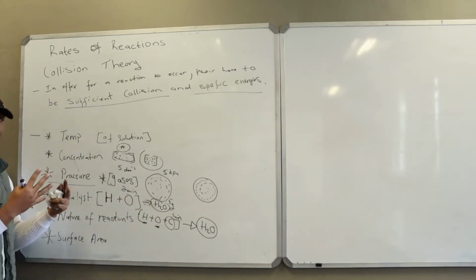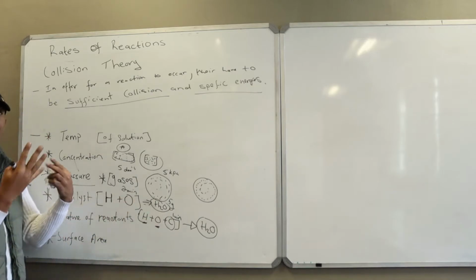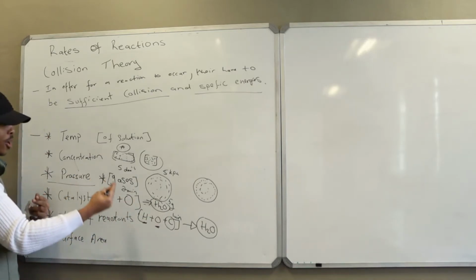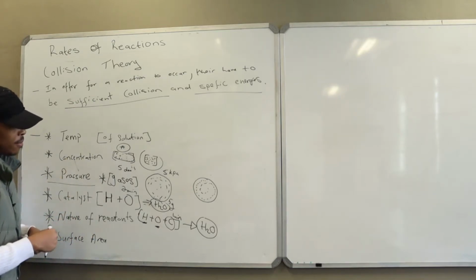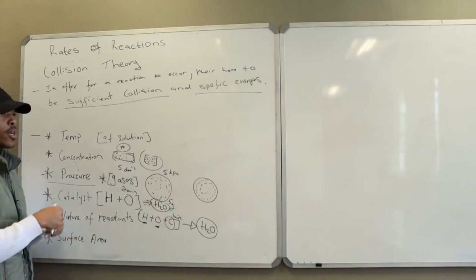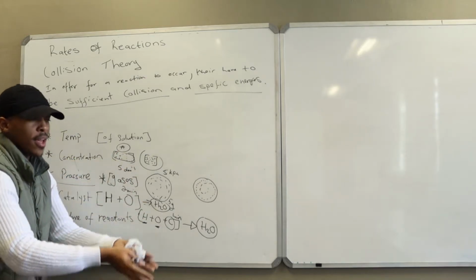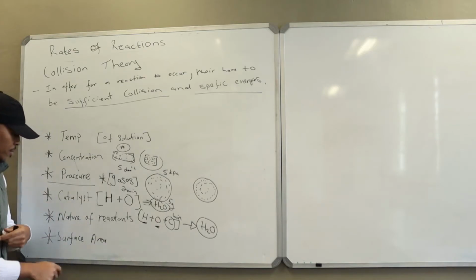That means in certain chemical reactions it's going to behave very differently from oxygen because of its nature. That is a property of hydrogen: it's flammable. We can take another element with another property and say that because of that property it's going to behave in a certain way. So that's what nature of reactants is.